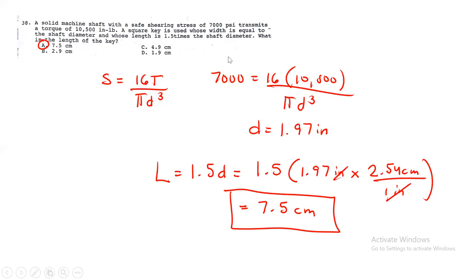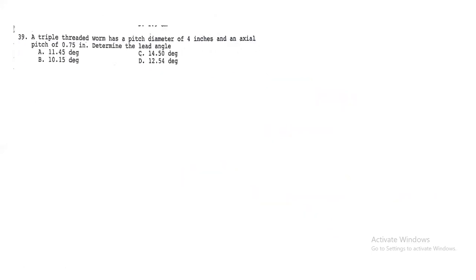Next, 39. So a triple-threaded worm has a pitch diameter of 4 inches and an axial pitch of 0.75 inches. Determine the lead angle. So dito hinahanap yung lead angle. So paano natin makukuha? Di ba meron tayong formula dun sa worm gears. So tangent ng lead angle is equals to lead over pi times diameter ng worm.